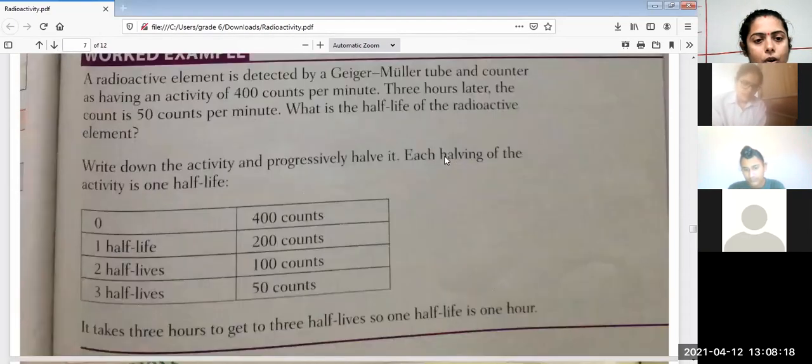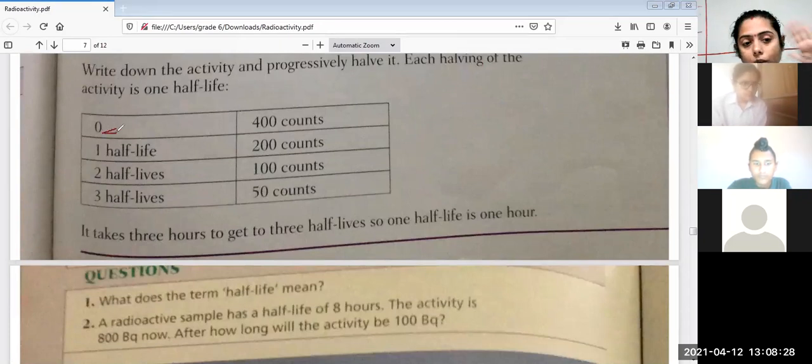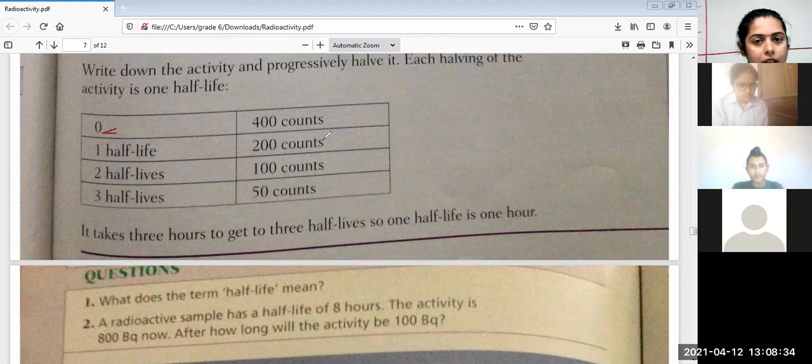Fine. They have also given one example over here. First, when there is no half-life, it means in the beginning, 0 half-cycle. We have not halved yet, it is complete. 0 means it's full, complete. Fine. At that time there is a count of 400.